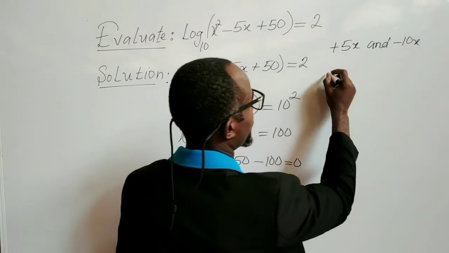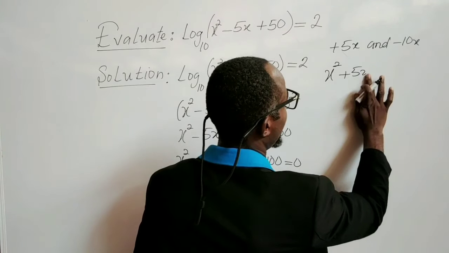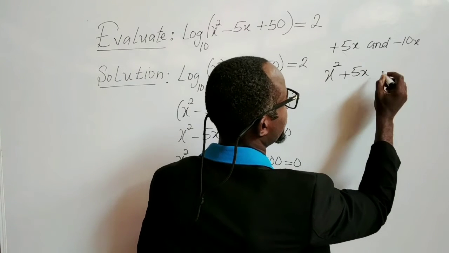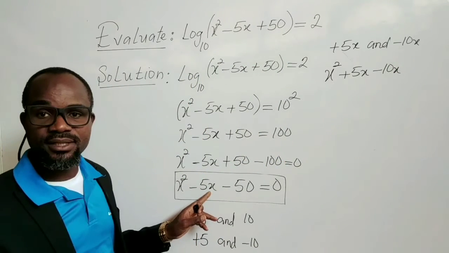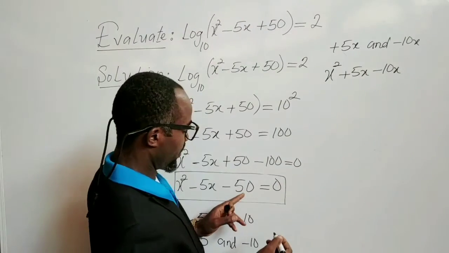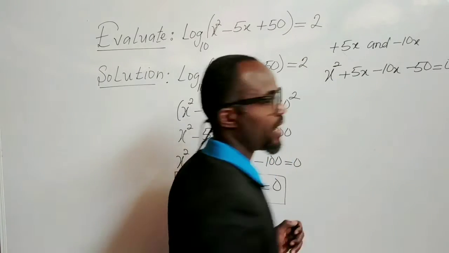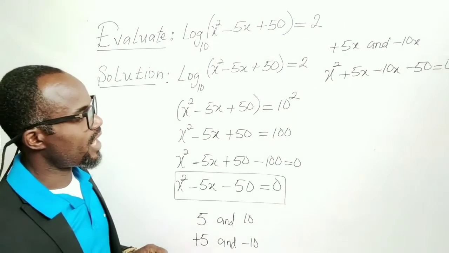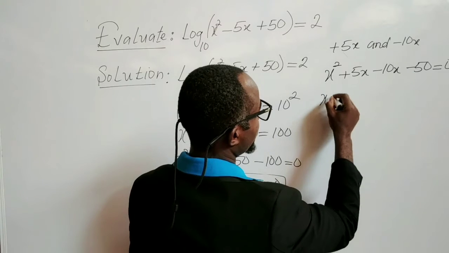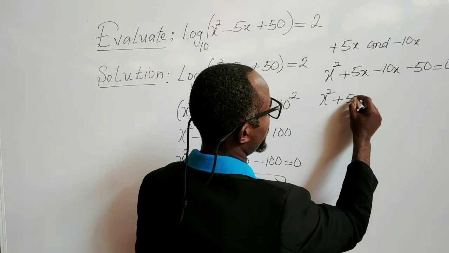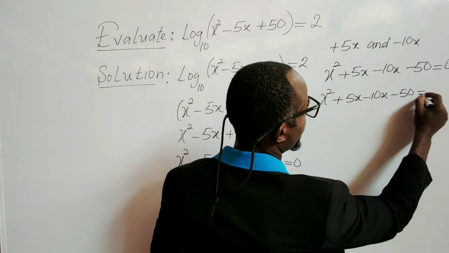So it becomes x squared plus 5x minus 10x minus 50, all equal to 0.